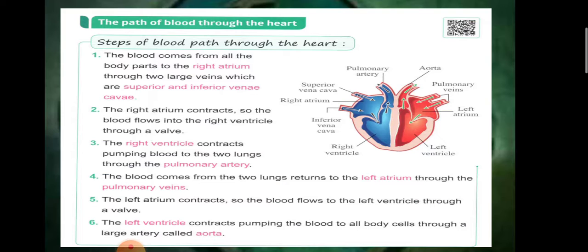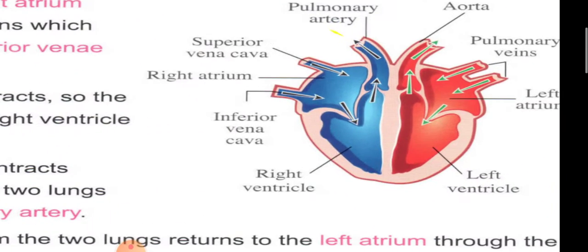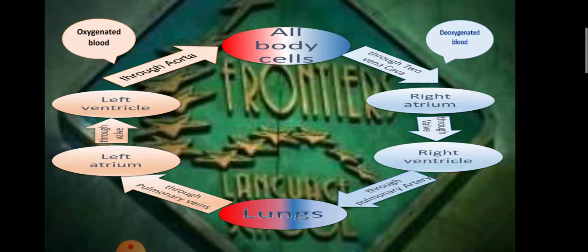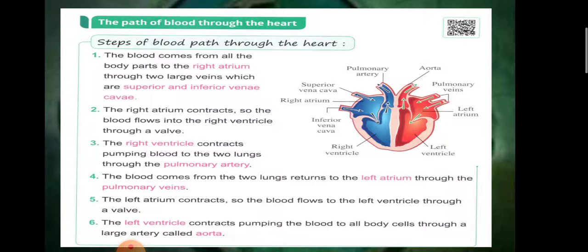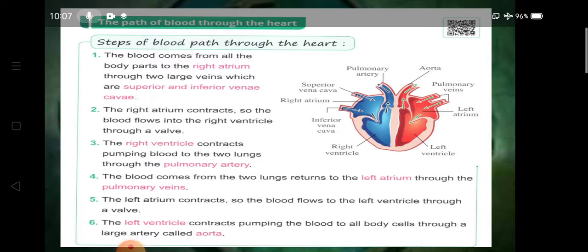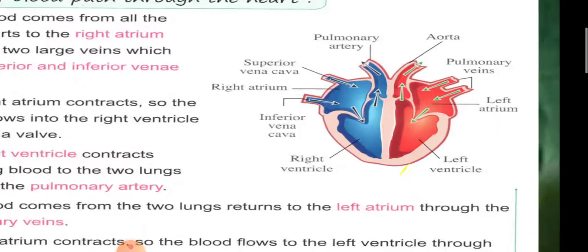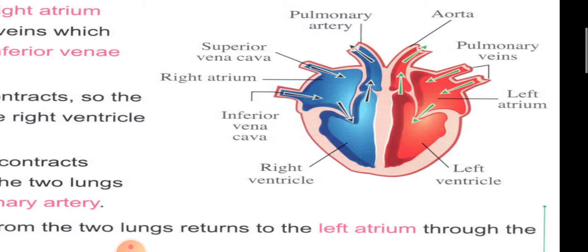Then we have the path of the blood through our heart, or how the blood will move inside our heart to go all over our body. First, the blood will come from all our body parts.